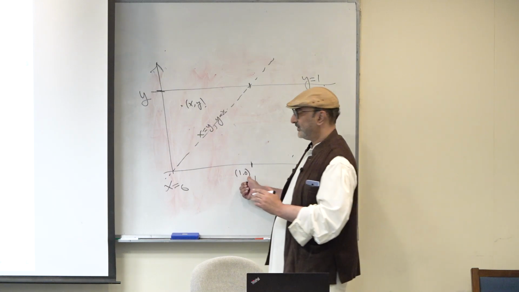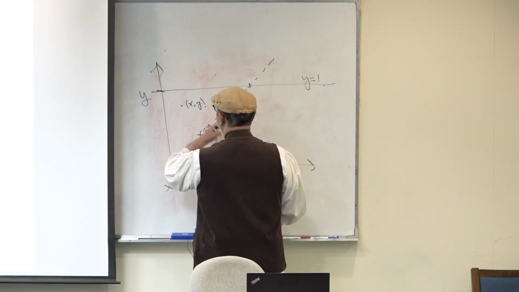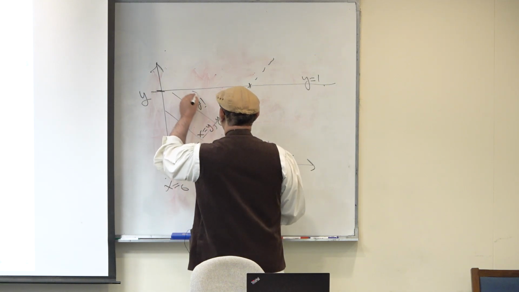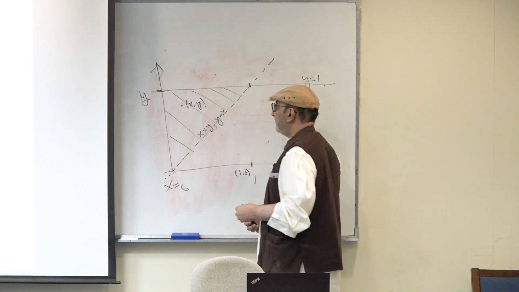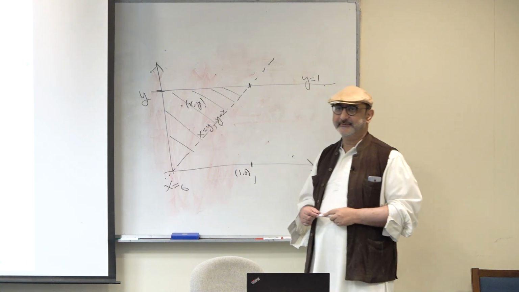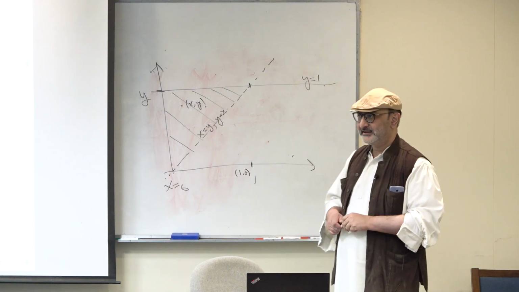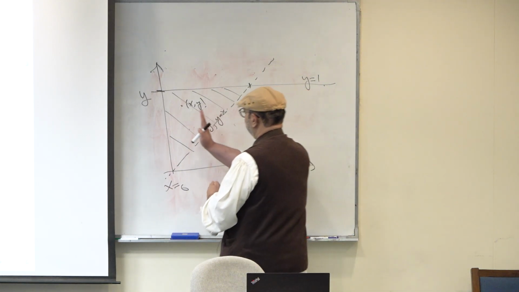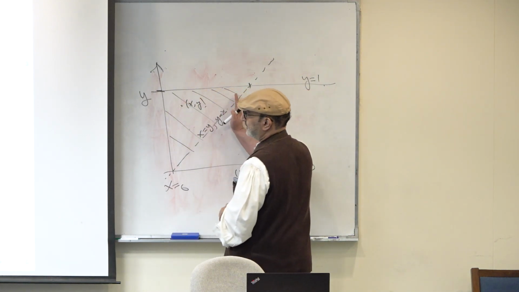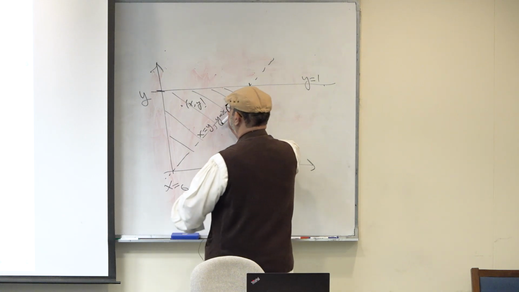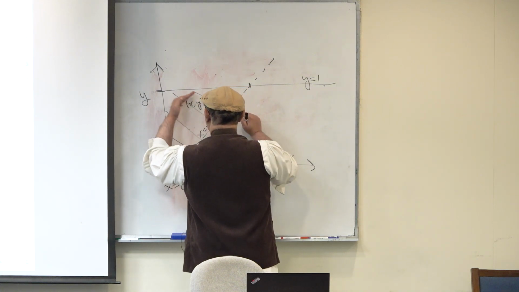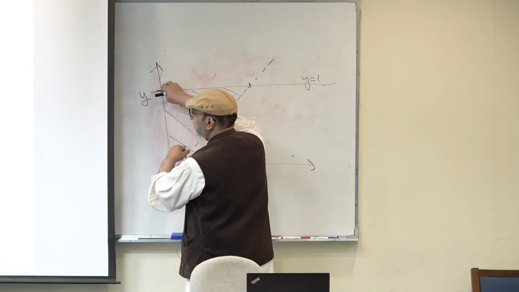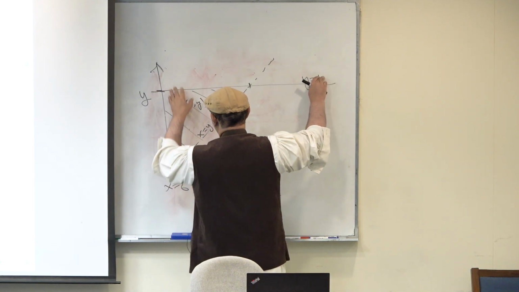Right? So this is the region that's being defined by those inequalities, right? So x is bigger than or equal to 0. X is less than or equal to y. Y is less than or equal to 1, and y is bigger than x.